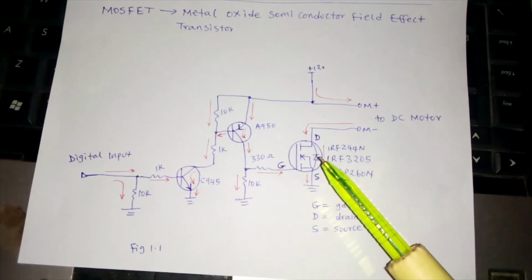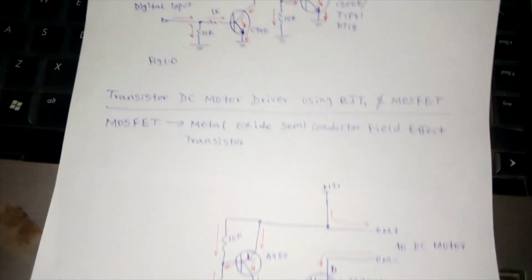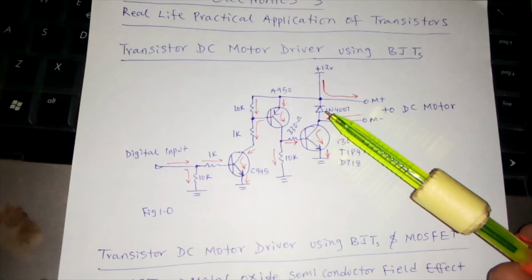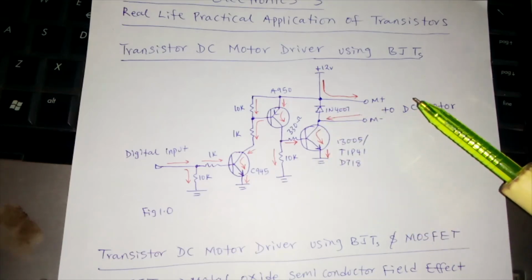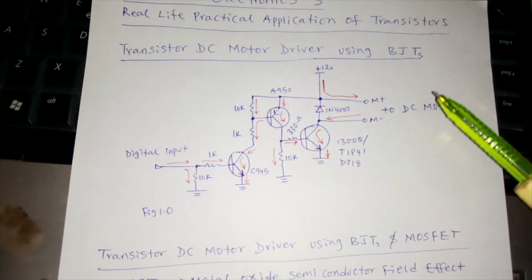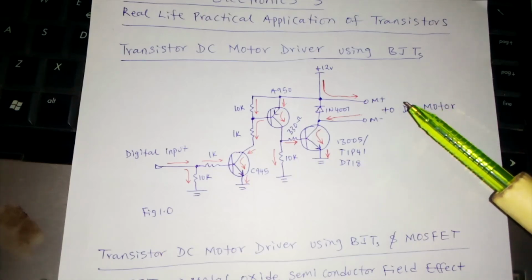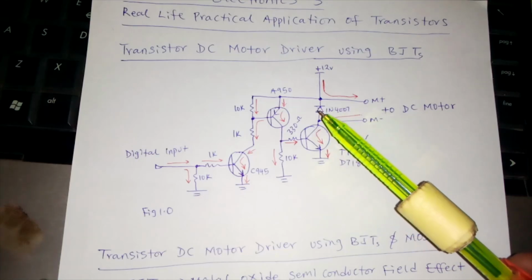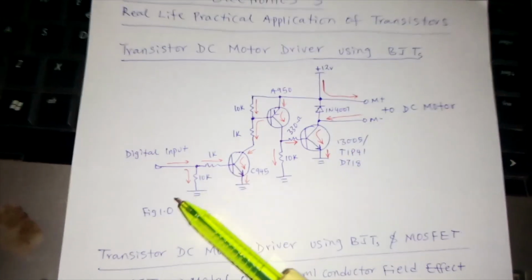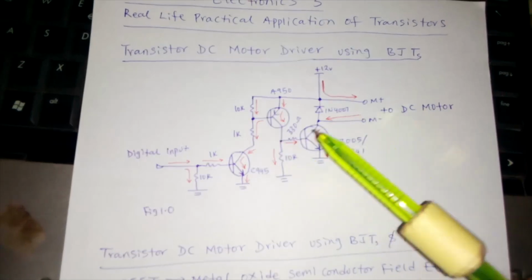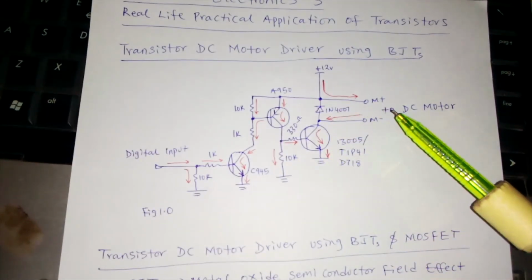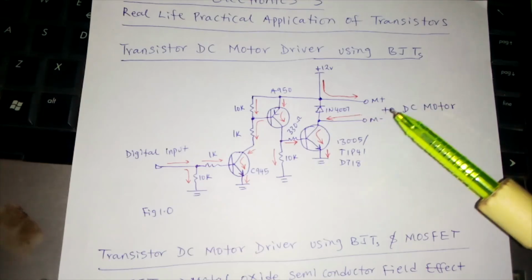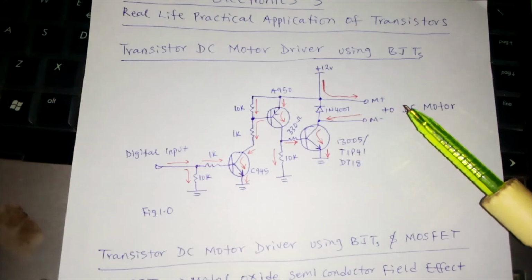Now look at this diode here. Let's go back to the first circuit. Why is this diode here? You are driving a DC motor, which has a coil and operates on the principle of electromagnetism. If you don't put this diode here, turning the motor on and off rapidly, the coil produces something called back EMF, electromotive force. That's the voltage that can be generated by the coil of this motor.